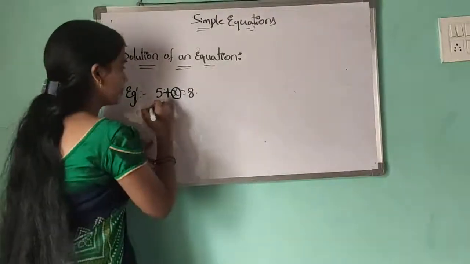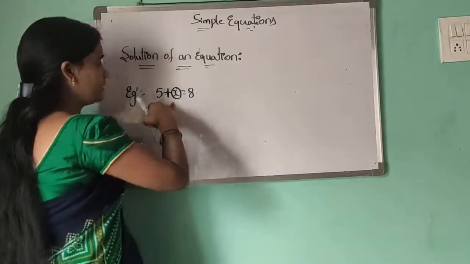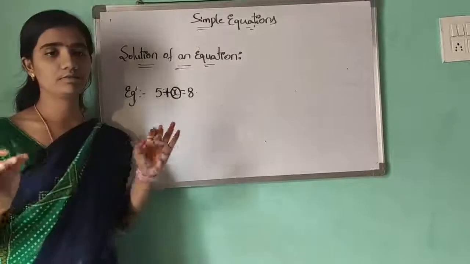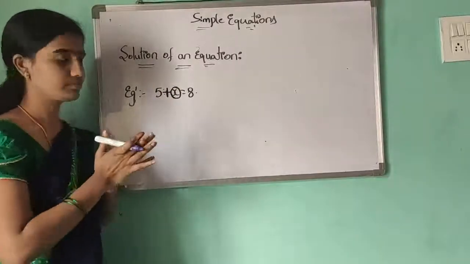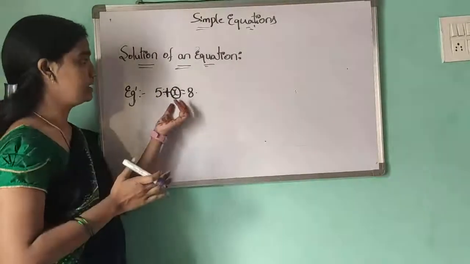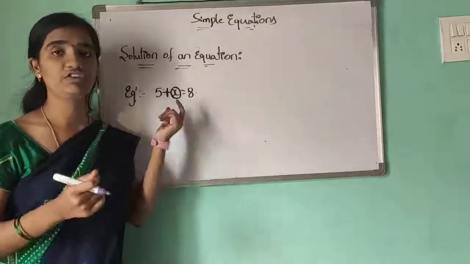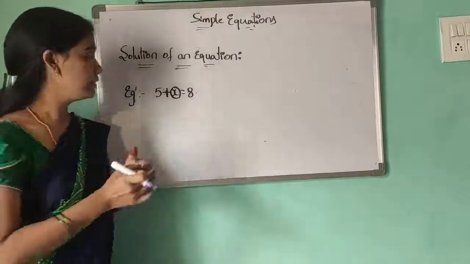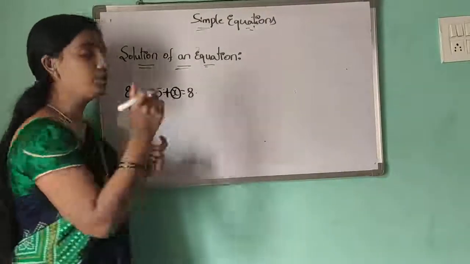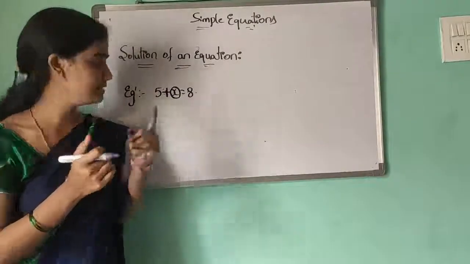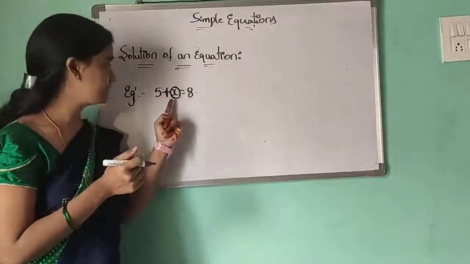Here, for the x value, we have to take the number for which LHS equals RHS.